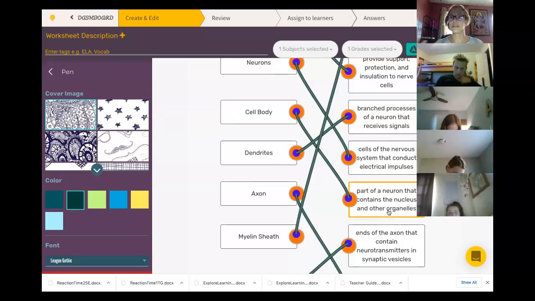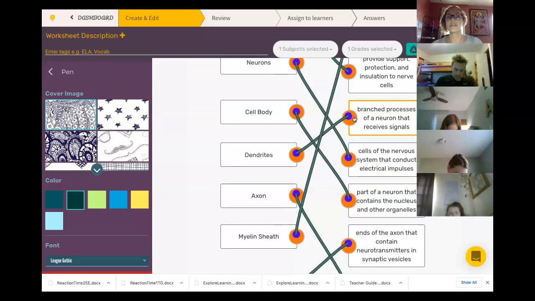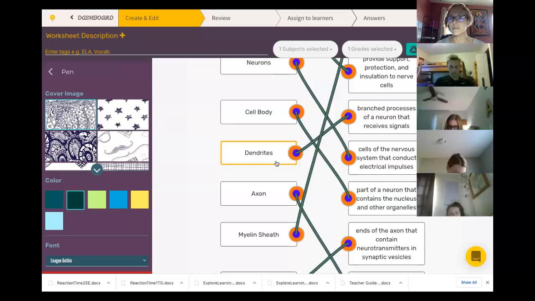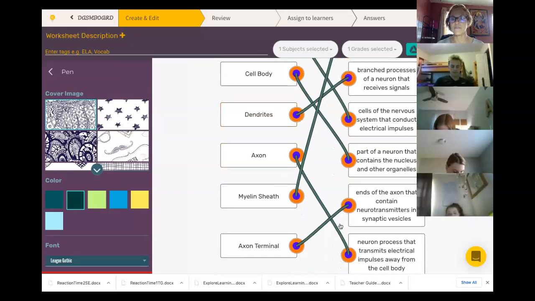They have two extensions. Dendrites go toward the cell body. These are our receptors, receiving signals. The axon goes away from the cell body. So these take signals to other cells.